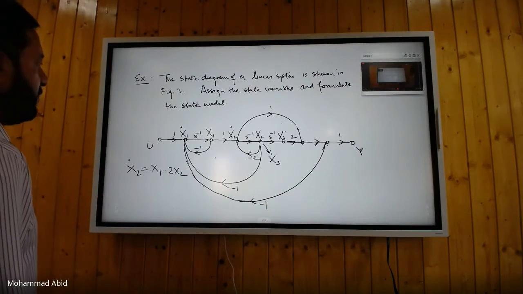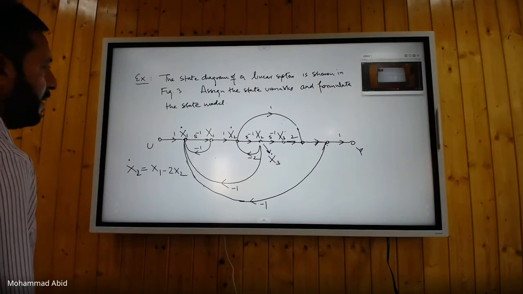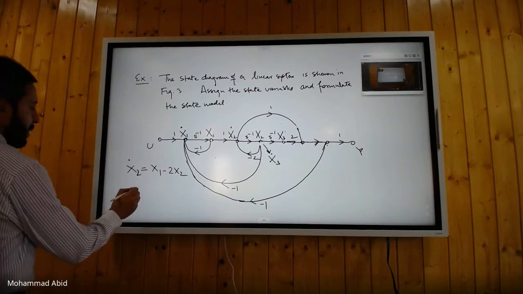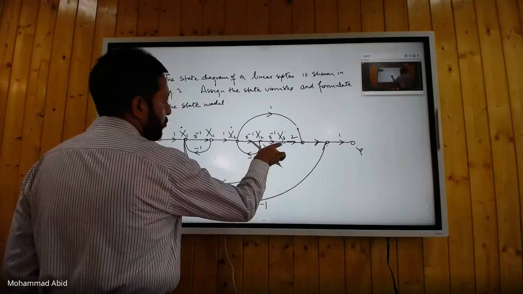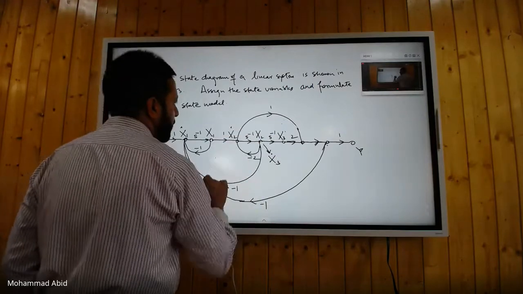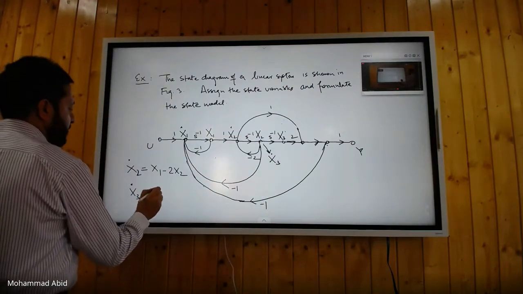And what will be the equation for x3 dot? x3 dot is simply equal to x2, because only one signal is coming here from x2. So x3 dot is x2.